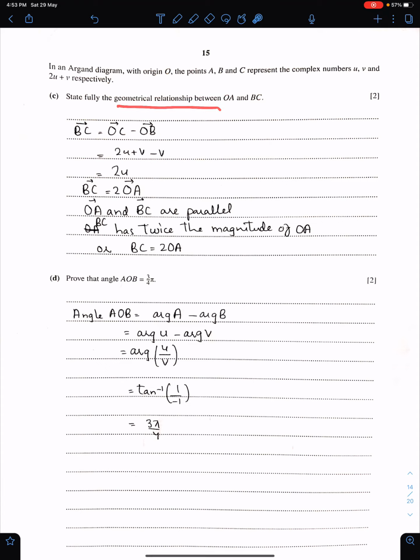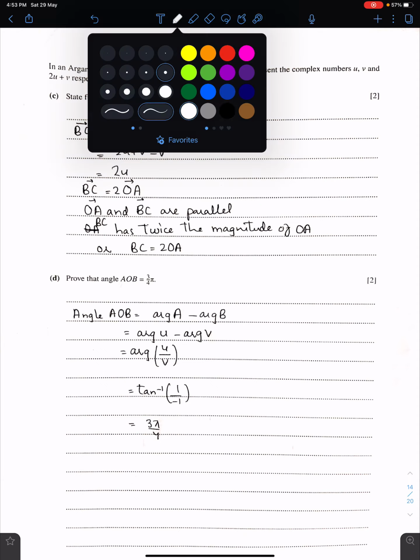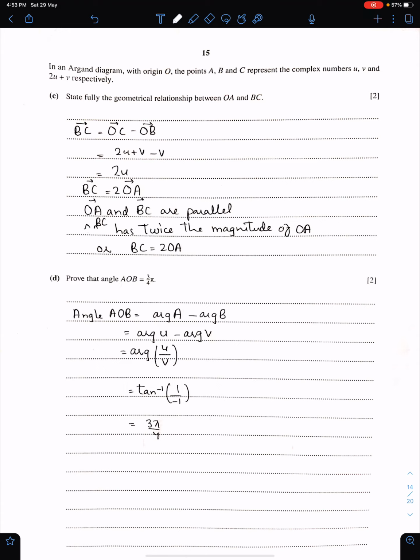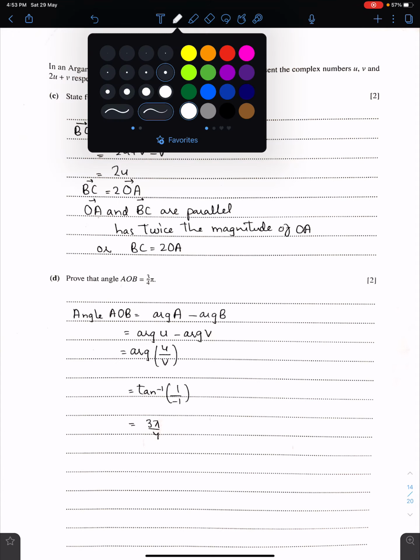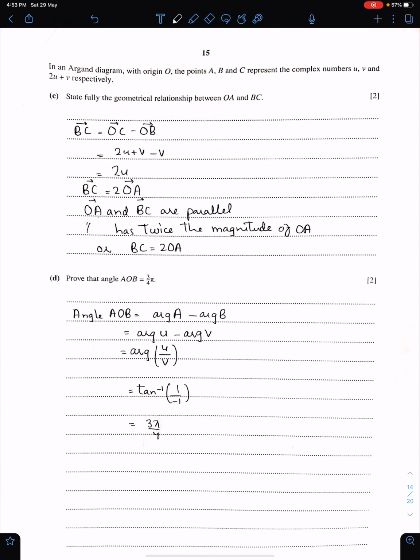Geometrical relationship means parallel, and BC has twice the magnitude of OA.